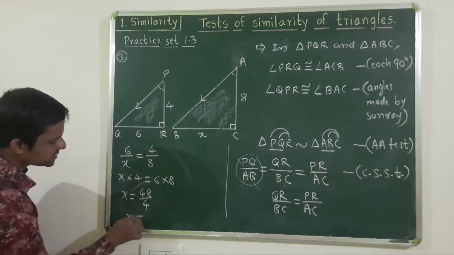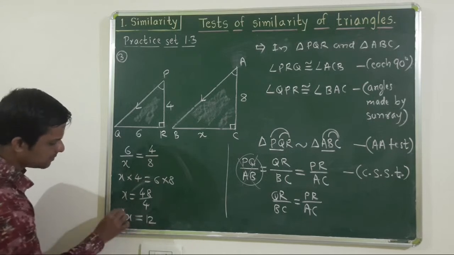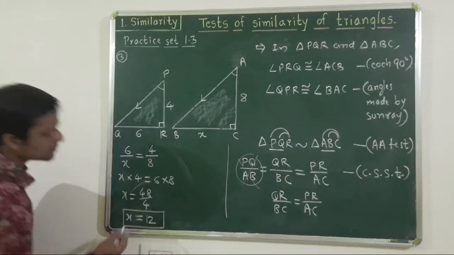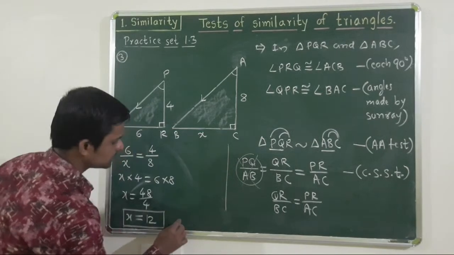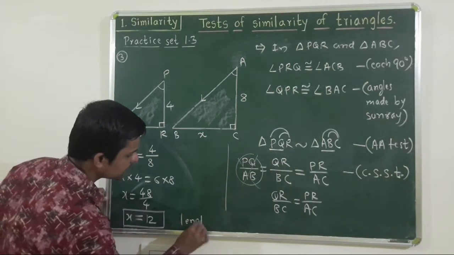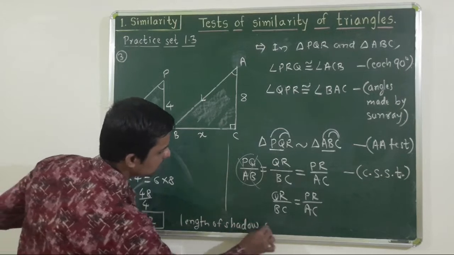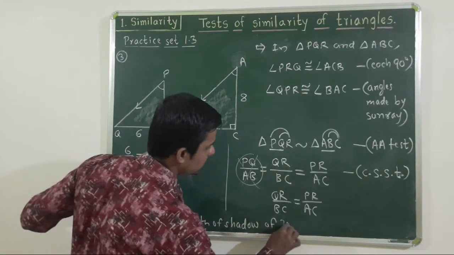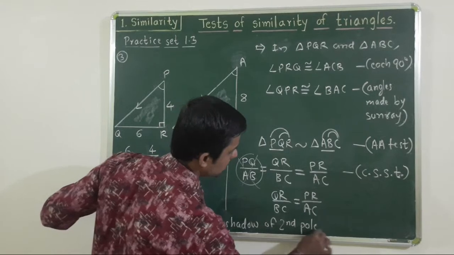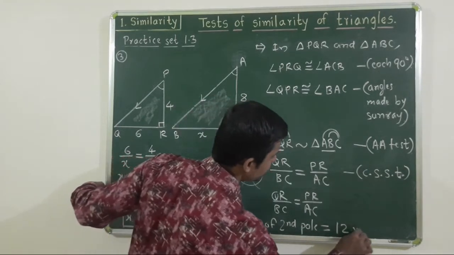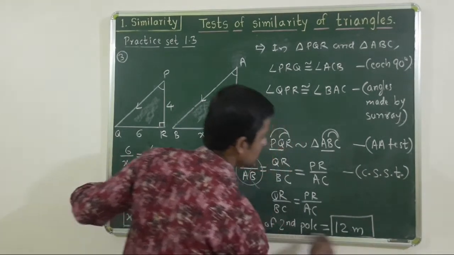Therefore we will get x is equal to 12. The length of shadow of the second pole is equal to 12 meter. This is your answer.